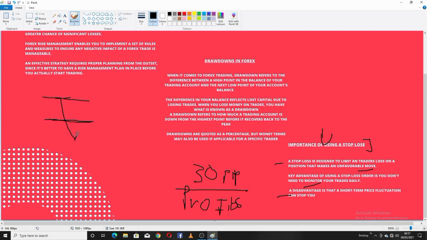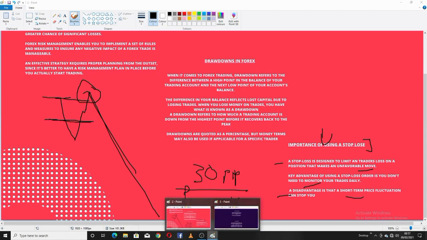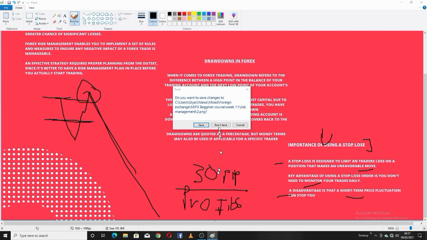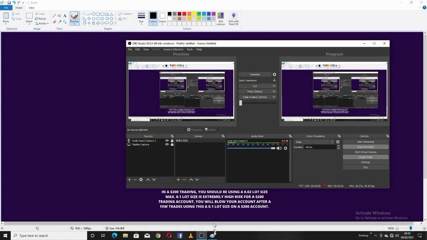Price has a tendency of going up a bit and then going to your direction. That's why I say short-term price fluctuation can stop you. You see here, price stopped you out and then pushed down. That's the only disadvantage that comes with a stop loss.